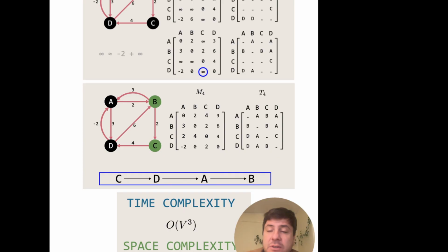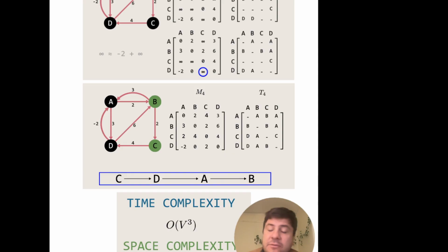Where there is a direct connection, we place its cost. Where there is no connection, we mark it as unreachable. The table on the right is a helper table that will let us rebuild the routes. At the beginning, it knows only about the direct neighbors.